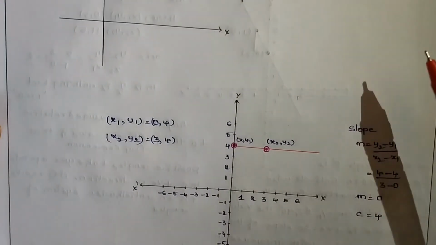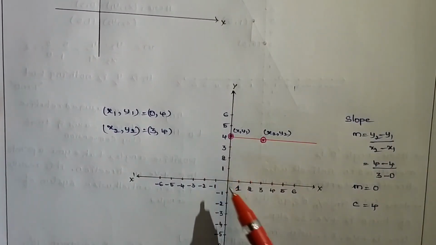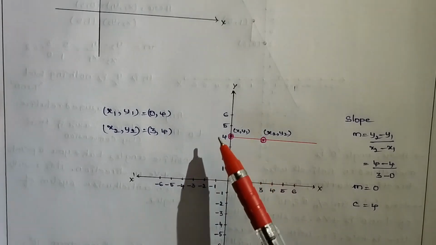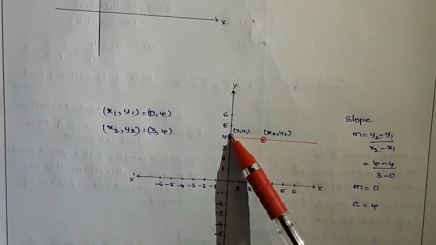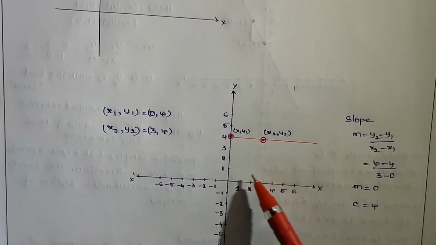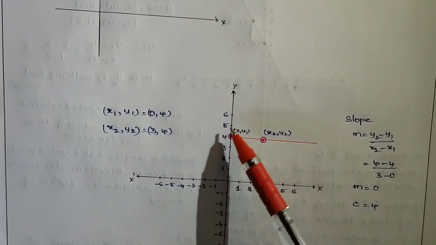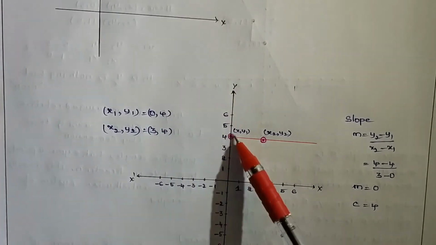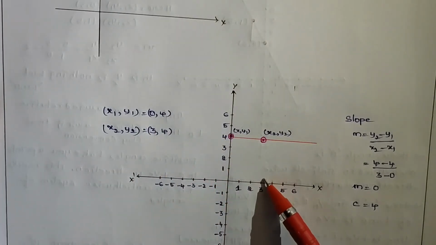If we take an example like this, the intercept point is 4 and the coordinates we are taking as 0, 4. The x value is 0 and the y value is 4, because the point is on the y-axis. That is why x is 0. X1 is 0 and y1 is 4, and x2 is 3.